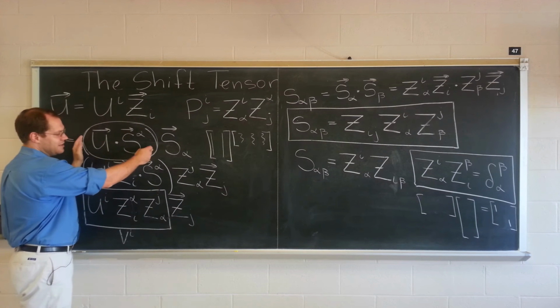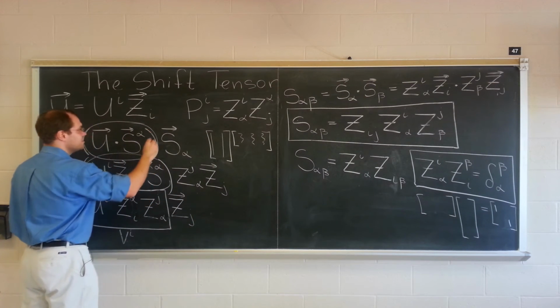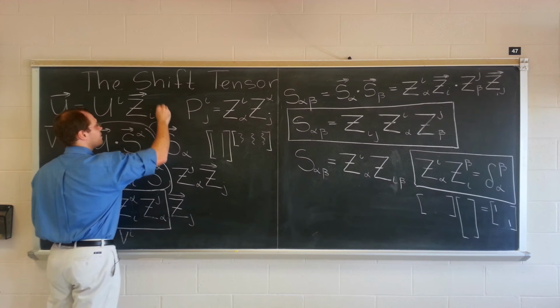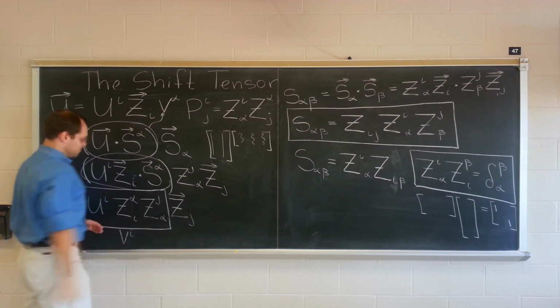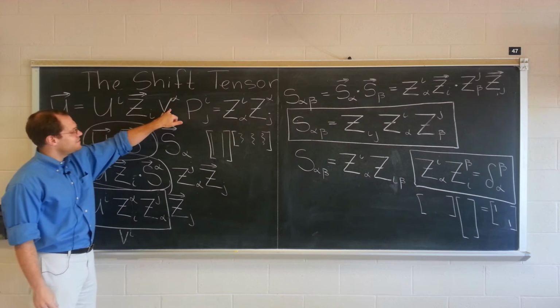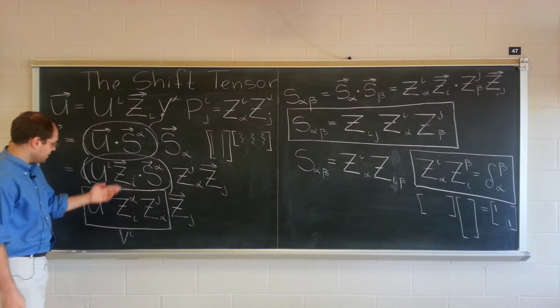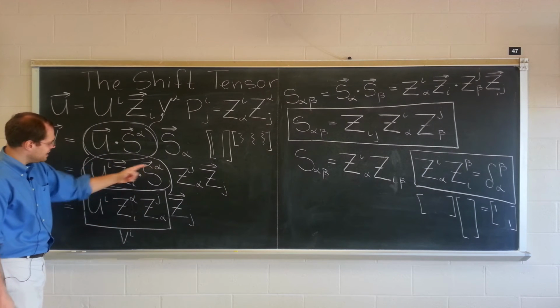And the answer is right here. In other words, it's right here. Let's denote this by V alpha, very appropriate. Vi is the ambient coordinate of the projection. V alpha is the surface component of the projection. And we see right from here, this is Zi alpha.